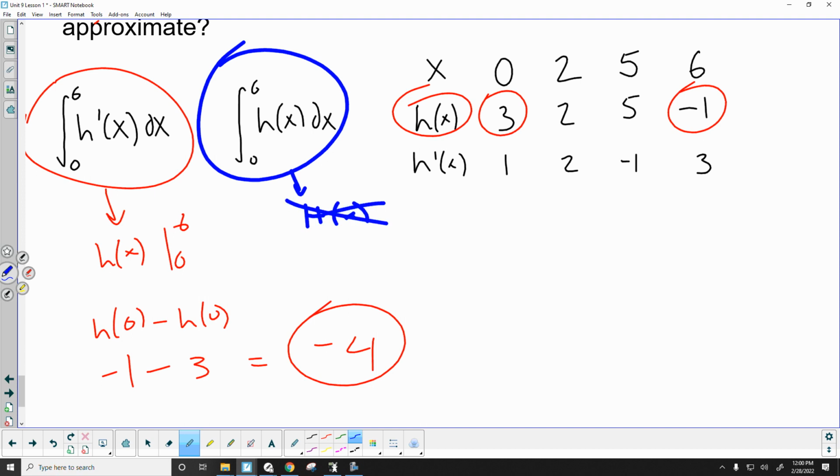And this is when I would have to approximate. In your homework, I do a very good job of leaving things that you have to do a Riemann sum for, and then throwing them out, and all of a sudden you have to do a Riemann sum.